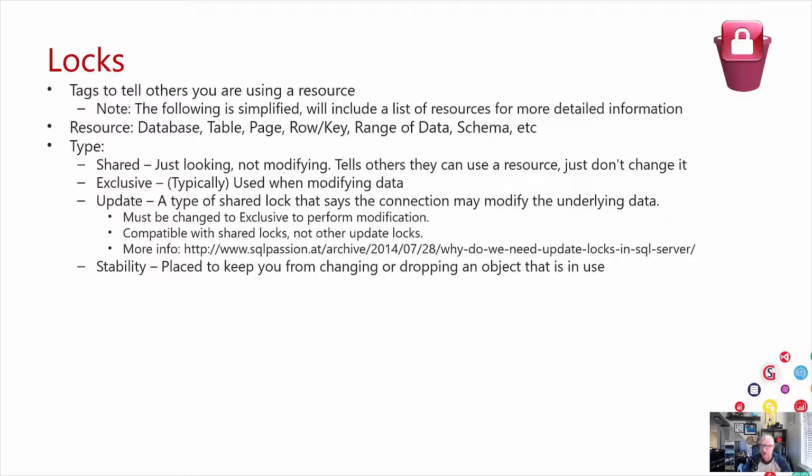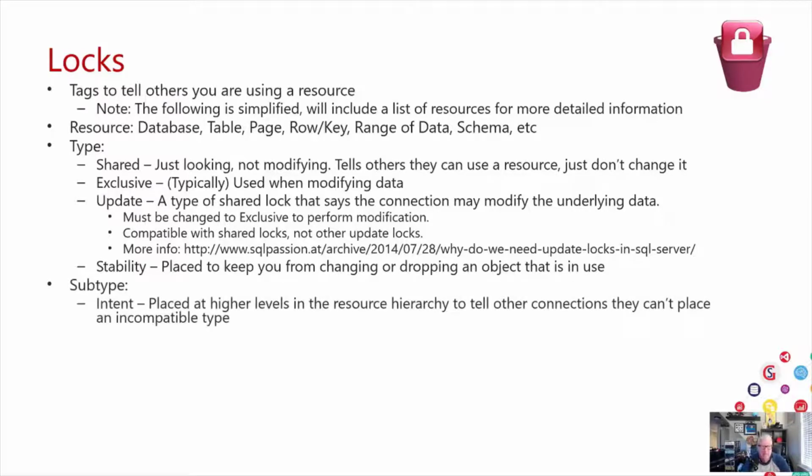But other people can still be looking at it. It'll be changed to an exclusive lock if I actually do make changes to the data. And stability locks, which you'll see if you start using in-memory objects a little more, because they don't use other kinds of locks. But these locks tell you someone's using a resource, don't make changes to the things that have the stability lock on it.